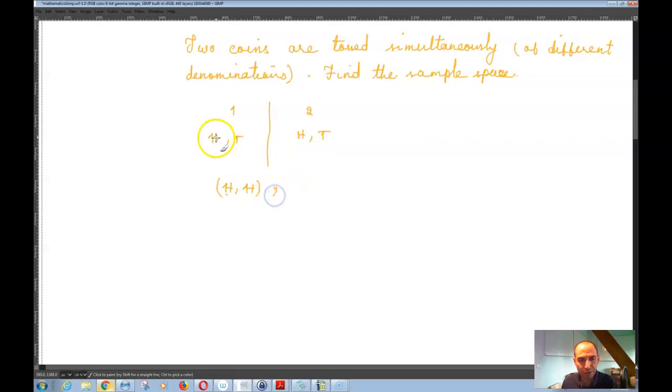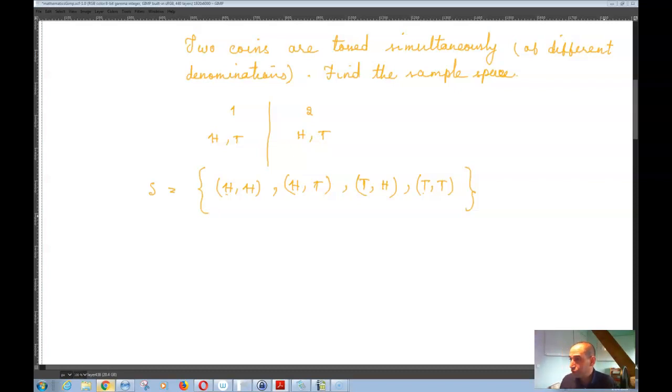You could get heads on the first coin and tails on the second, tails on the first coin and heads on the second, or tails on both coins. Thus the sample space is S equal to this set. The outcomes of this experiment are ordered pairs of H and T. For the sake of simplicity, the commas are omitted from the ordered pairs.